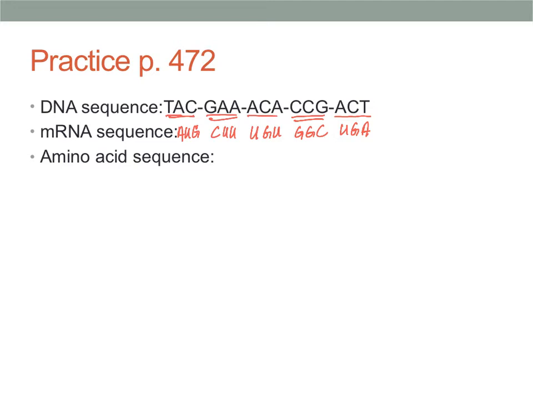Now looking on page 472 of your iBook, the first base, which would be A, you're going to look on the left side of this, A, and you would find a column labeled A, the row labeled A, and then UG would give us methionine, which is the start codon.